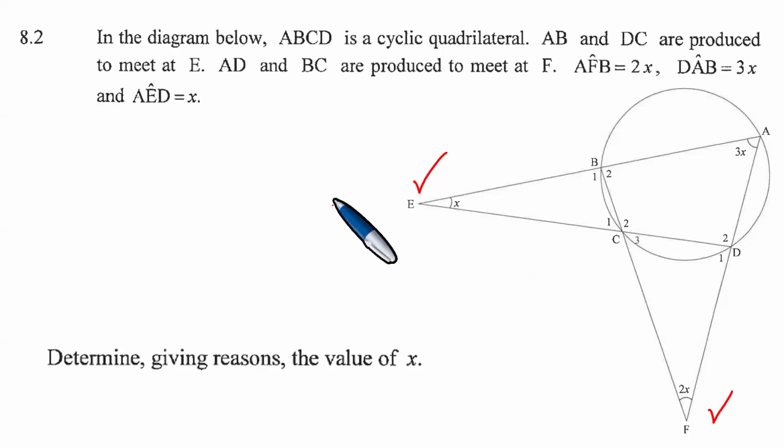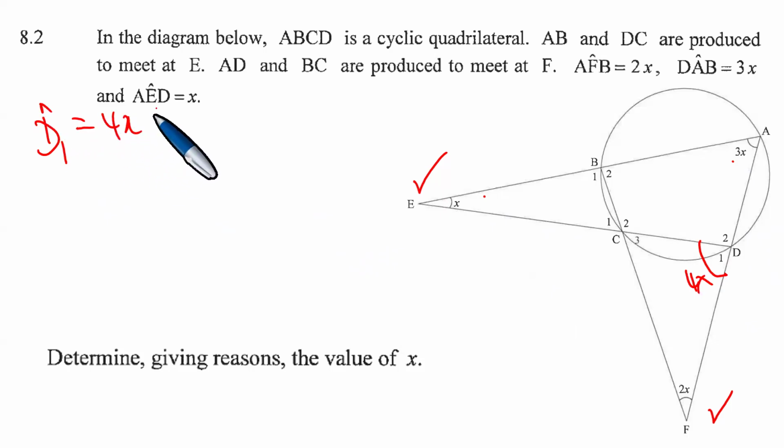But now we start with the angle D1, which is equal to this plus this. So the angle D1 is 4x. That's what you can start by saying. Why?